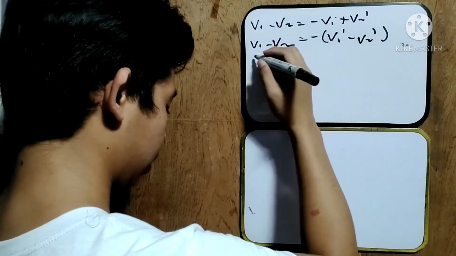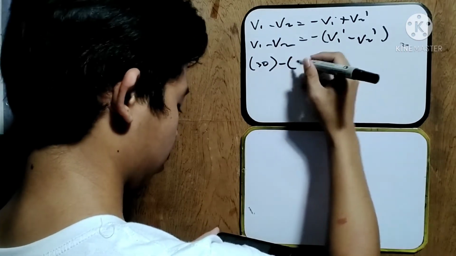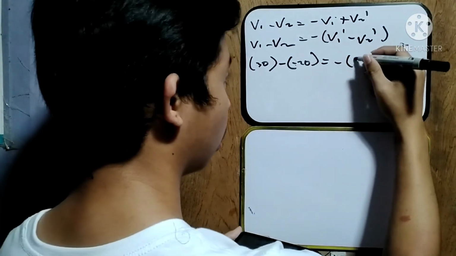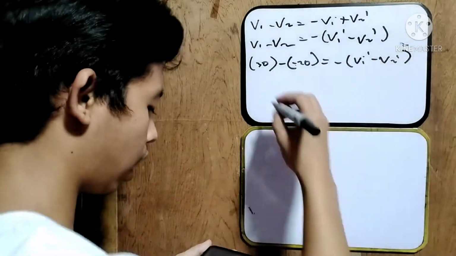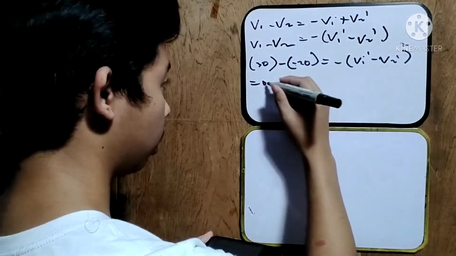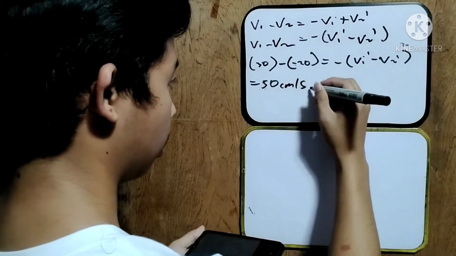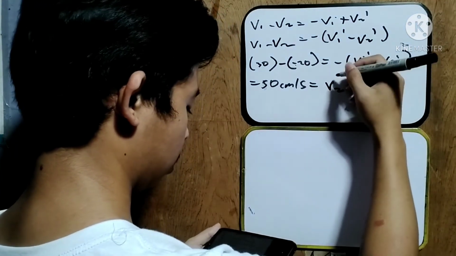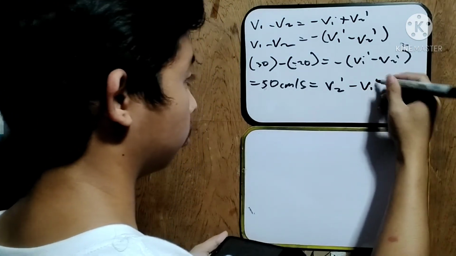Yung V1 natin is 30 minus negative 20. So, ang equation 2 natin na nakuha ay 50 centimeters per second is equal to V2 prime minus V1 prime.